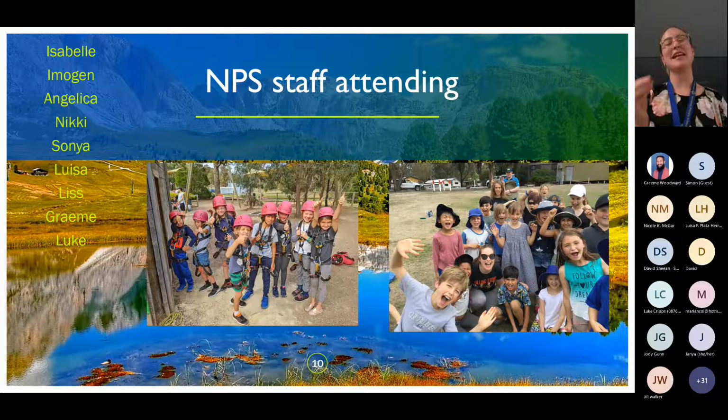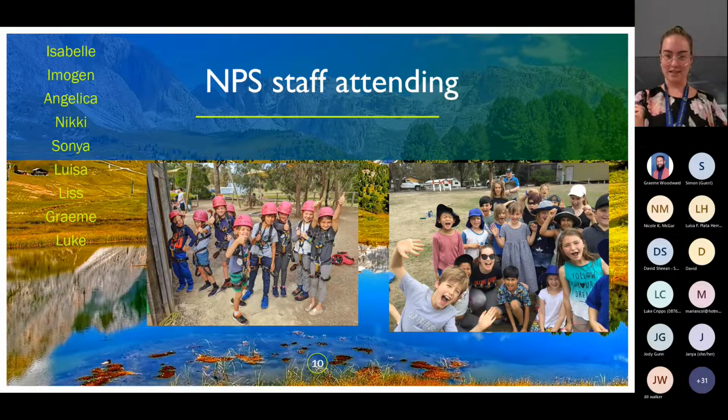There's a ratio at camps where there's 1 staff member to 10 students, and we've got 110 students in the 2-3 learning environment this year. So depending on when we have an idea of how many students are attending, we will be able to get the final numbers on that, but we can say that all of the 2-3 team, as well as Graham and Luke, will be there in attendance, joining in on the fun activities.